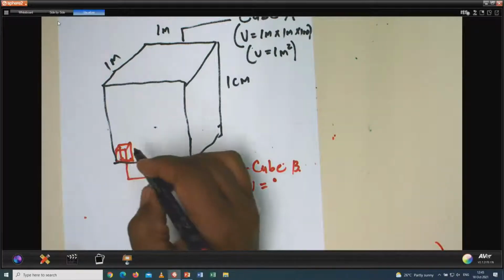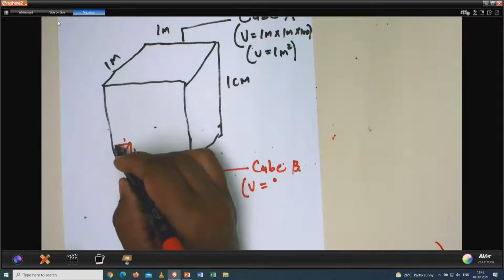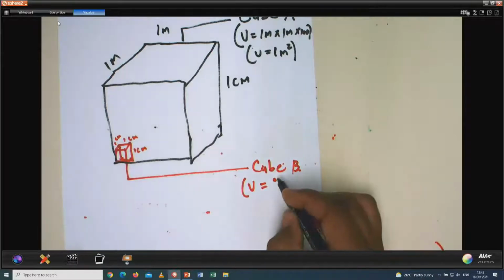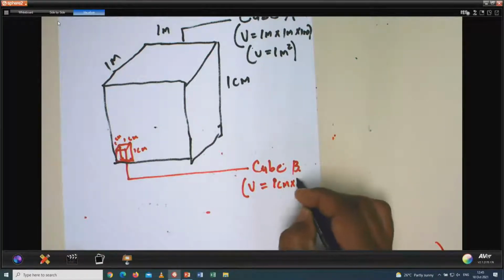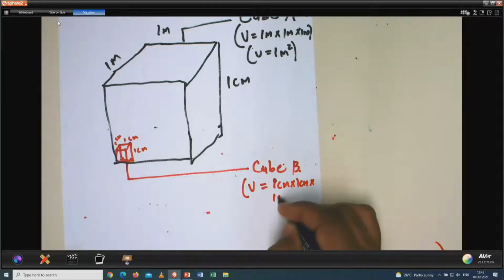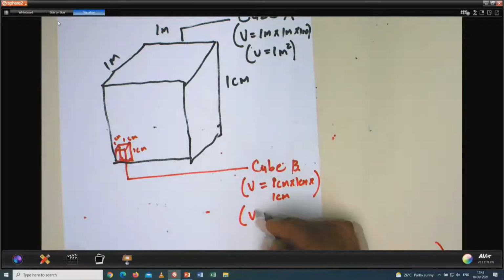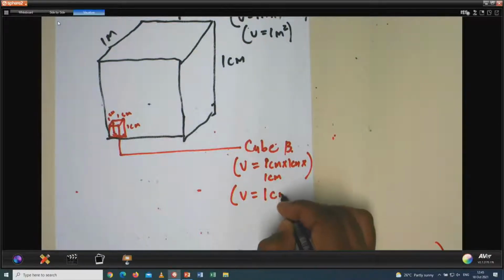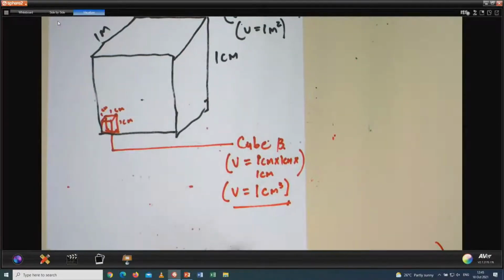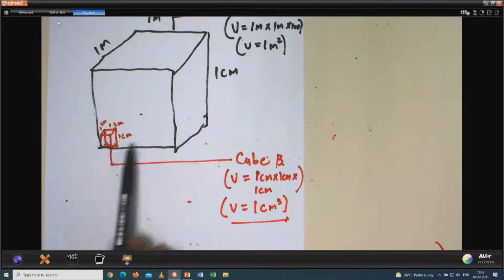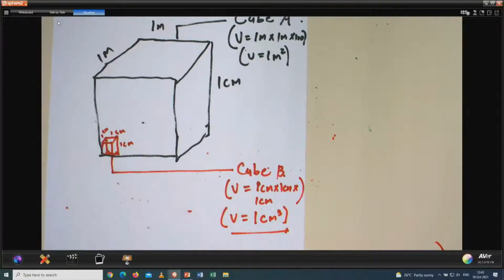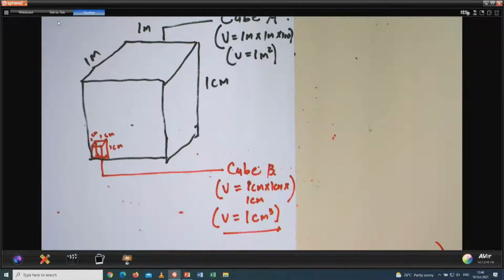But now these are 1 centimeter each, so it will be 1 centimeter multiplied by 1 centimeter multiplied by 1 centimeter. The volume of the smaller, red cube inside the big cube will be 1 cubic centimeter. Now, let us check how many will fit and occupy the whole space inside this big cube, cube A.